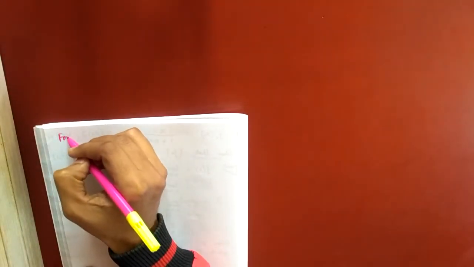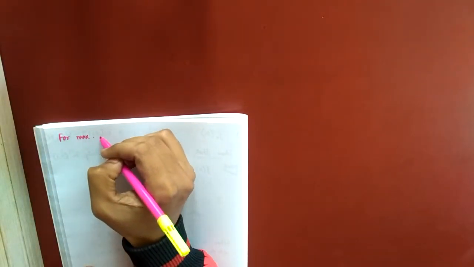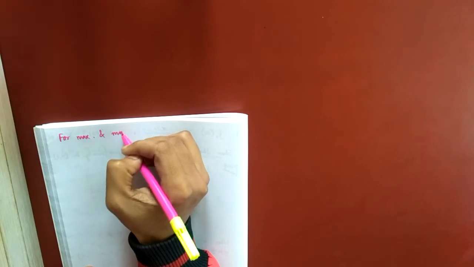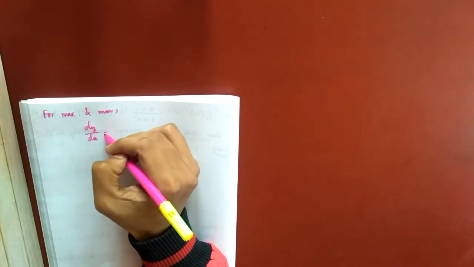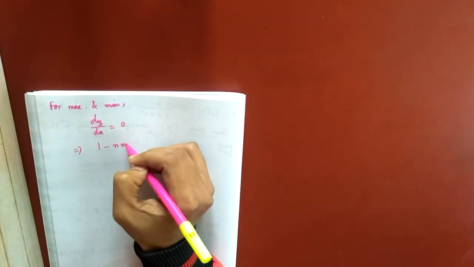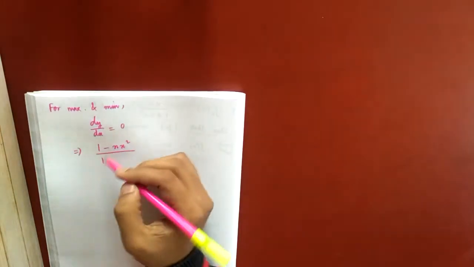So for maxima and minima, we equate the first order derivative to 0. dy/dx equals 0. What was dy/dx? 1 minus nx² by... I'll not give you time to copy.